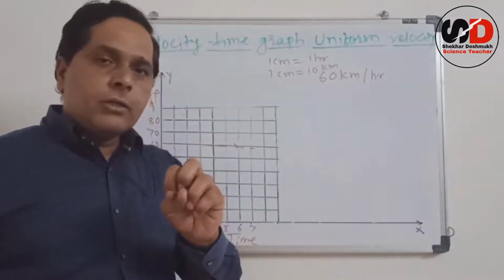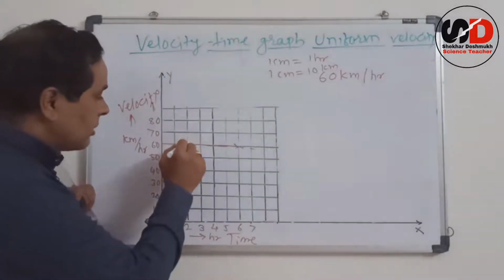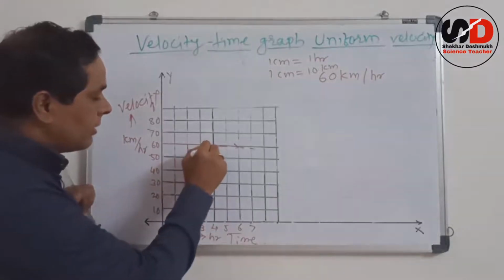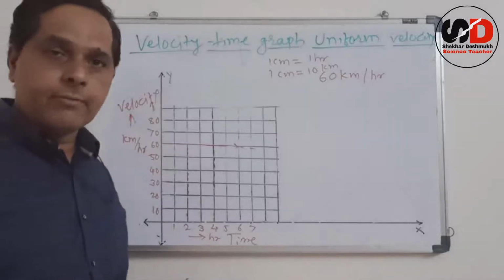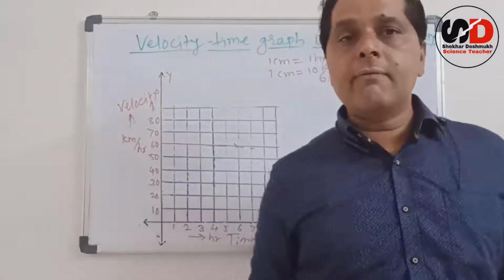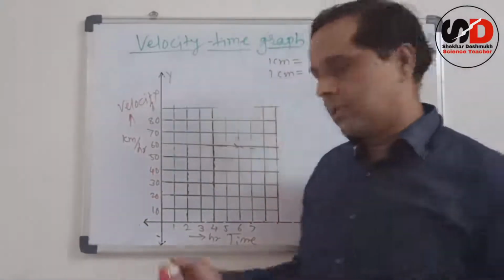And try to count. Suppose we want to calculate the total distance covered by the train between 2 to 4 hours. How much distance can be traveled by the train between 2 to 4 hours?